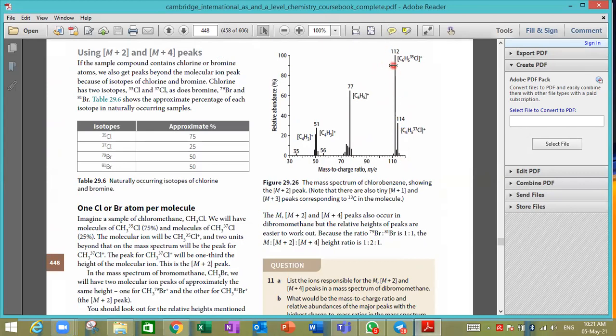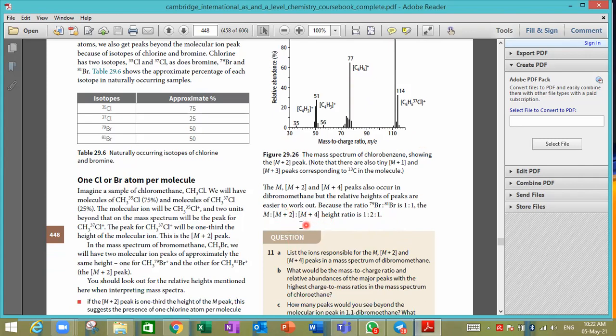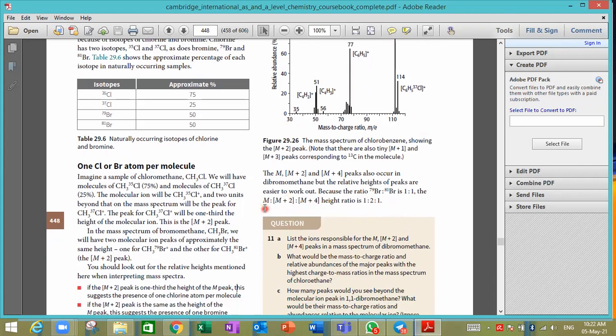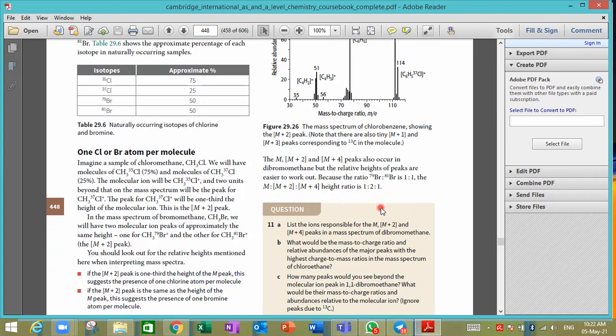If the ratio between the peaks is 9 to 6 to 1, this means that we have 2 chlorine atoms in our molecule. But if the ratio is 1 to 2 to 1, we also have 3 peaks: the molecular ion peak, M plus 2, and M plus 4. But with the ratio 1 to 2 to 1, this means that we have 2 bromine atoms in our molecule. Okay.